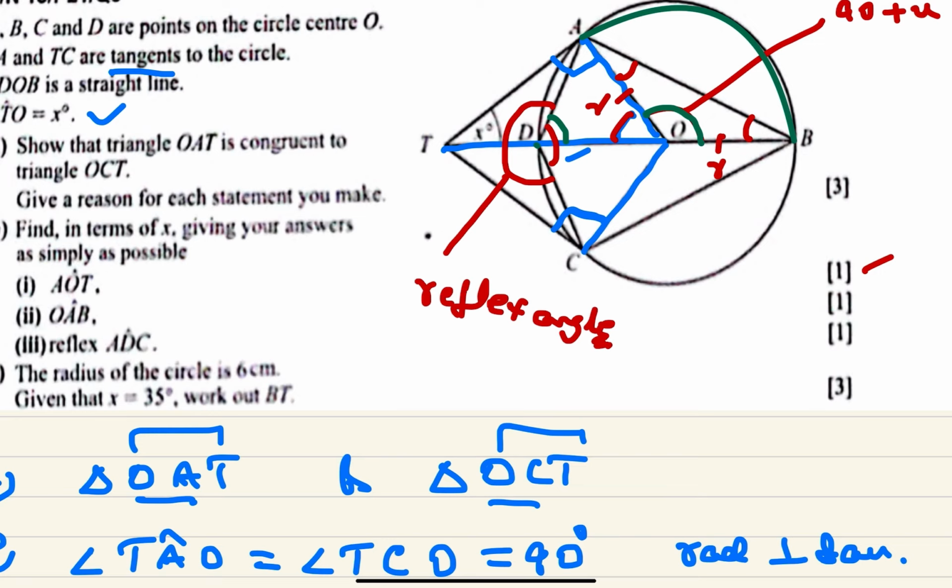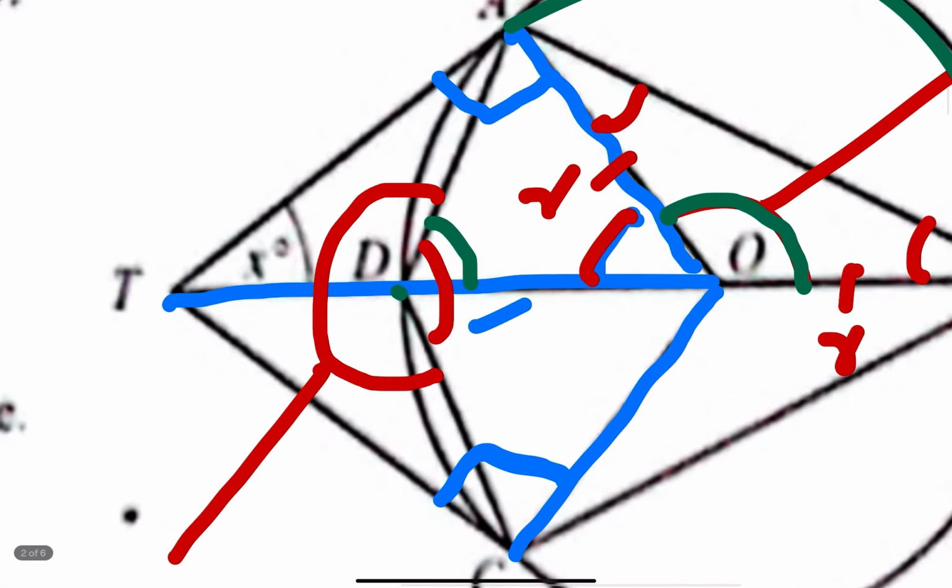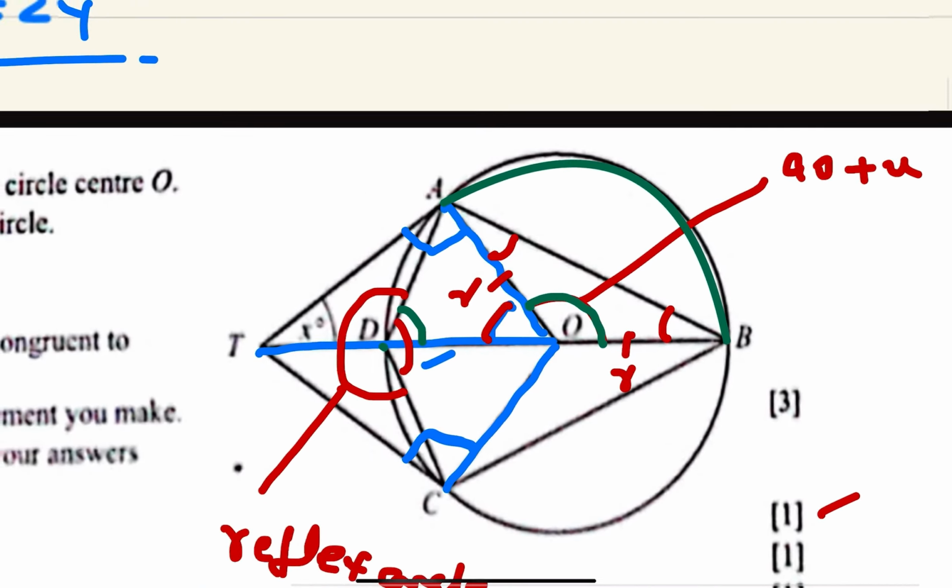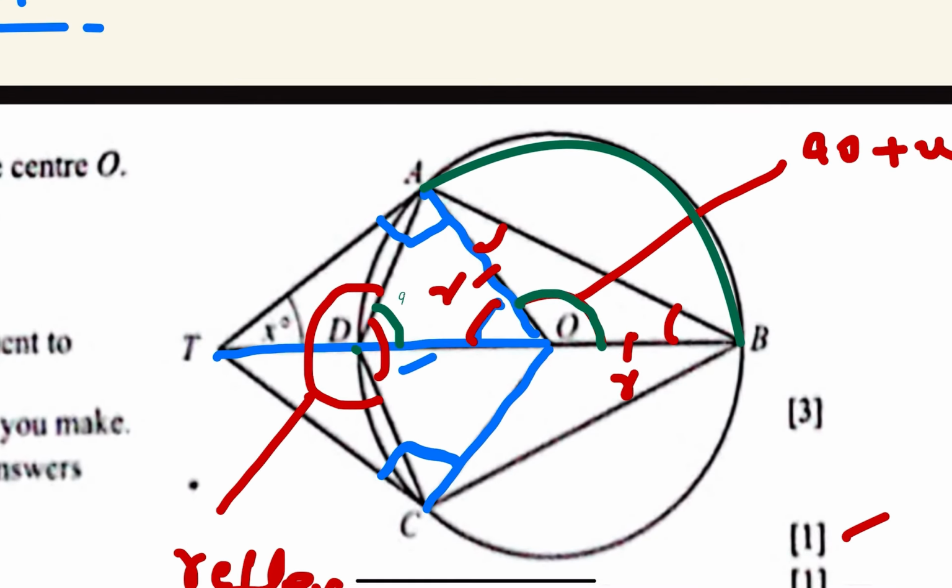So 90 plus x divided by 2. So this angle is 90 plus x divided by 2, and when you multiply it by 2, this would be this complete angle, that is 90 plus x.